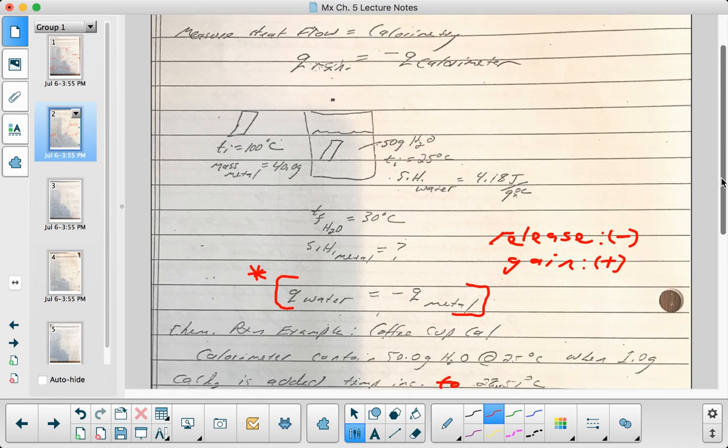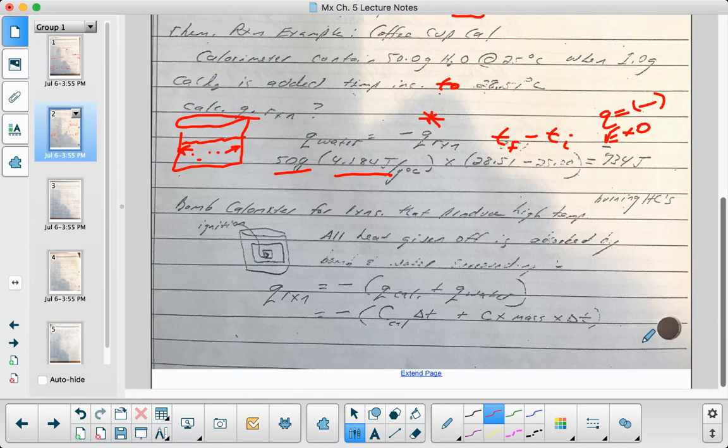The only other thing with calorimetry is what we call a bomb calorimeter, because not all reactions can take place in a simple coffee cup calorimeter. They need something a little more high-tech called a bomb calorimeter, and these are used for reactions that produce very high temperatures. All the heat that's given off is given off to the water and the bomb calorimeter, so the equation just looks a little different. The Q of the reaction is equal to negative Q of the bomb plus the Q of the water.